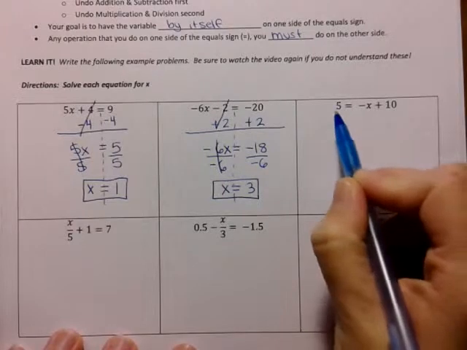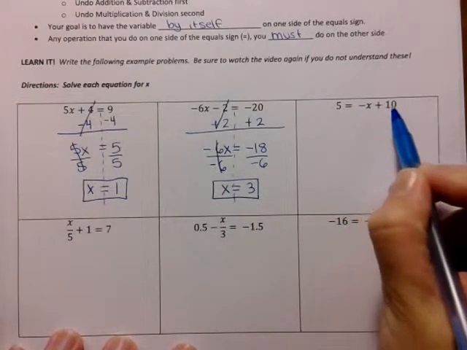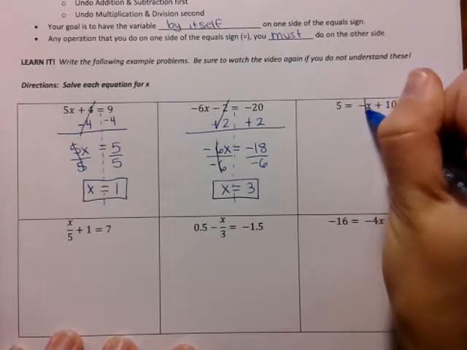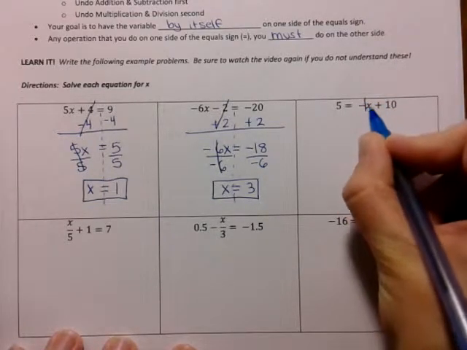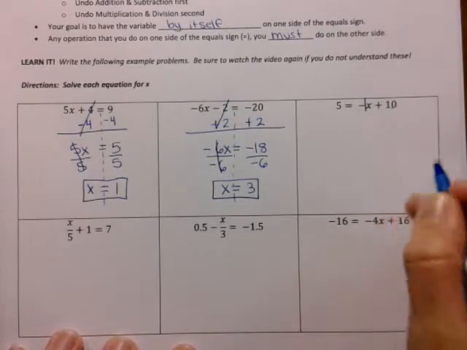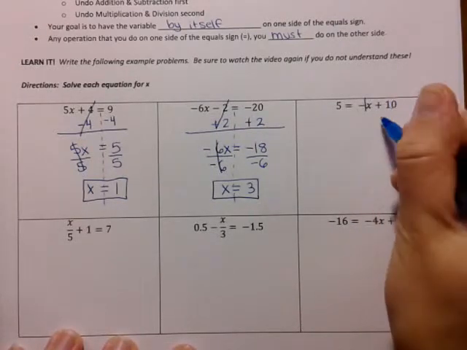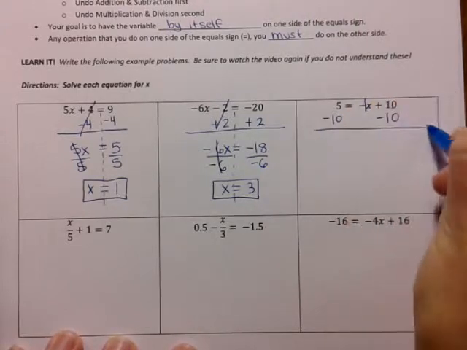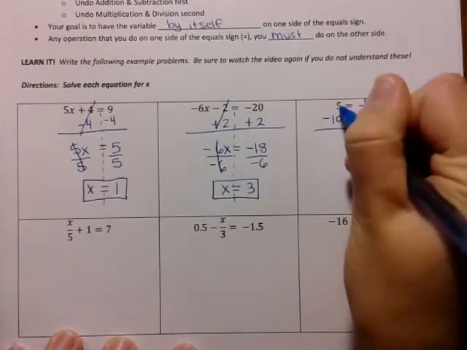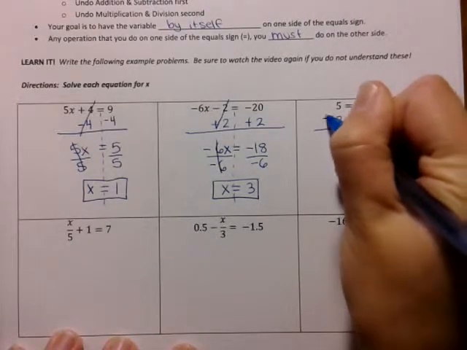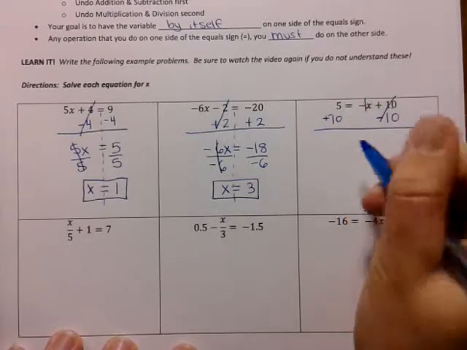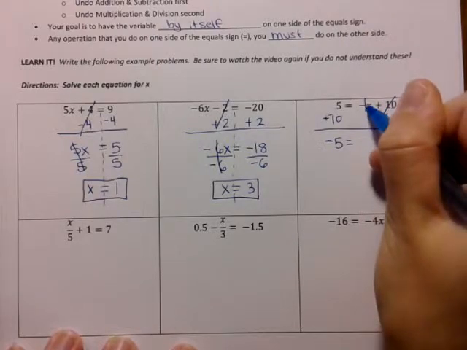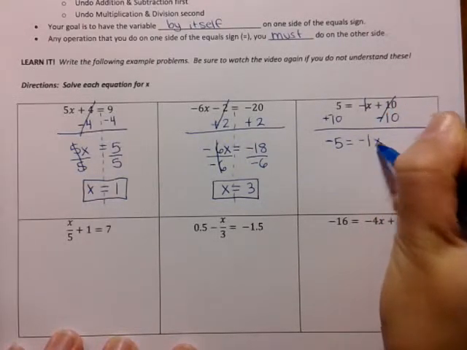Next, 5 equals negative x plus 10. There's an invisible 1 here, so this is really negative 1 times x plus 10. What I want to do first is get rid of this addition. So I'm going to subtract 10 on both sides. These cancel out, and I have 5 minus 10, or 5 plus a negative 10, which is negative 5, equals my negative 1x.